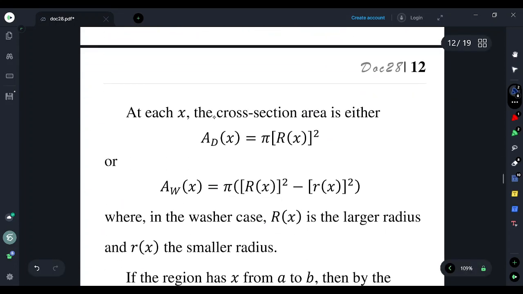So we're gonna use the cross-section area formula. It's gonna be either, for the disk, A(x) dx is pi times the radius at x squared.